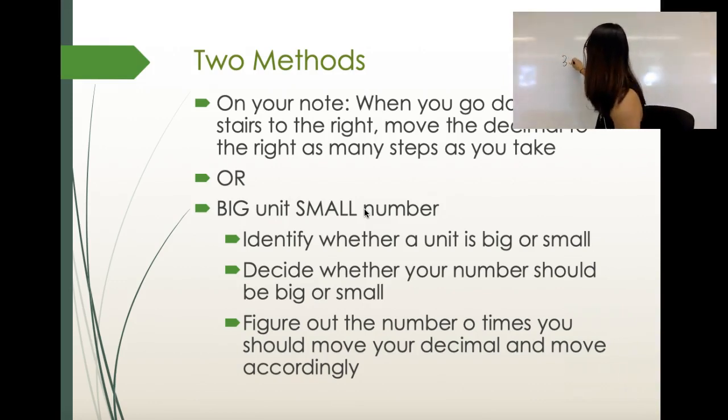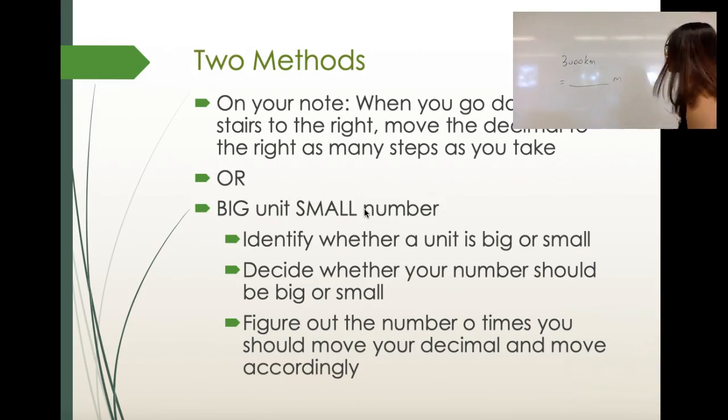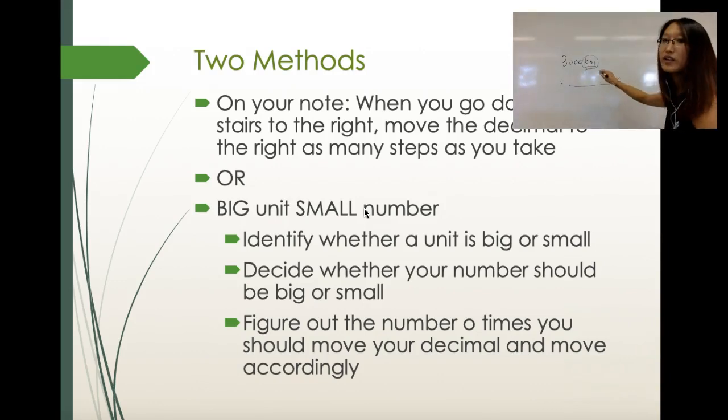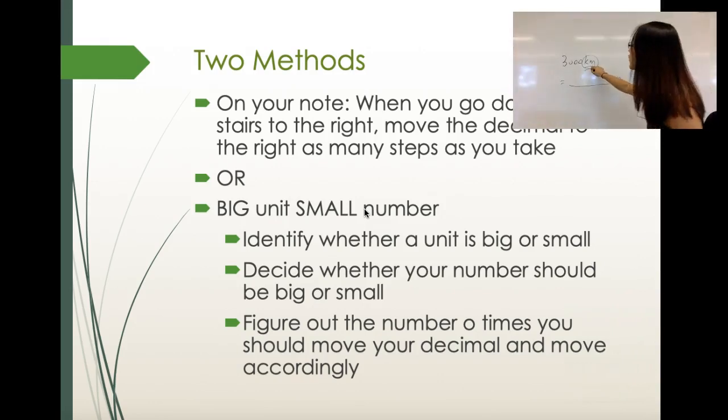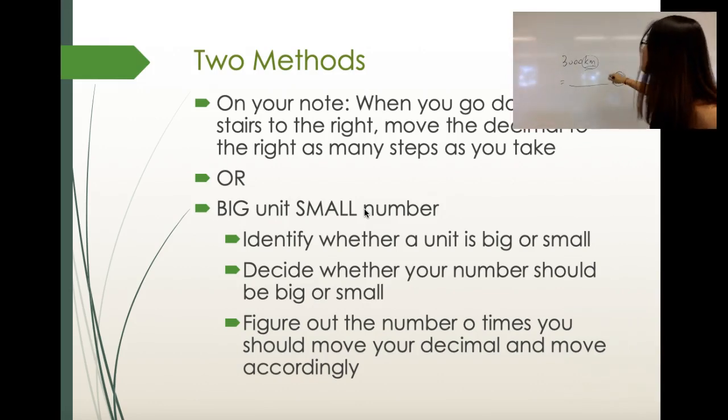If we were to use 3,000 kilometer, and we're trying to figure out how many meters that is, you would know that kilometer is a large unit, and a large unit should always be paired up with a smaller number. And right here, meter is a small unit. Because you're using a smaller unit, you have to use a larger number, right? If you're using a larger number, you have to move the decimal to the right.